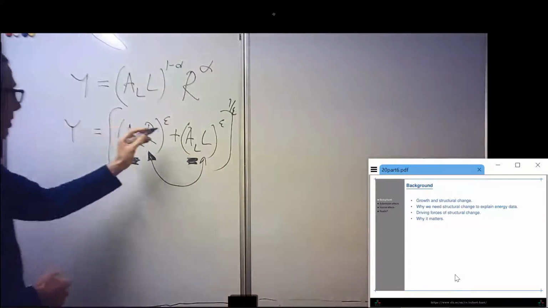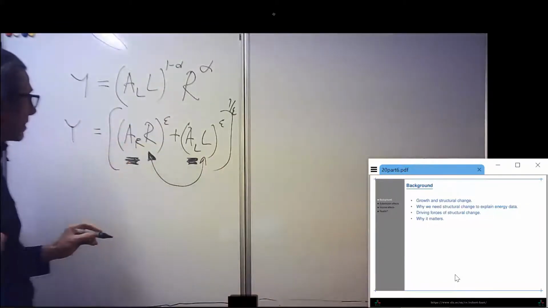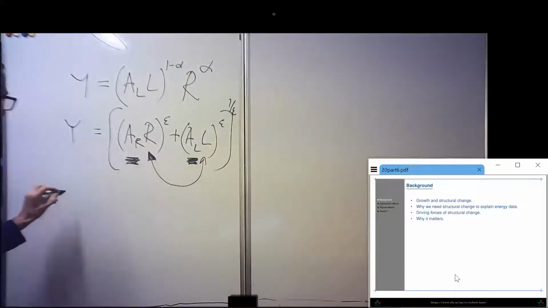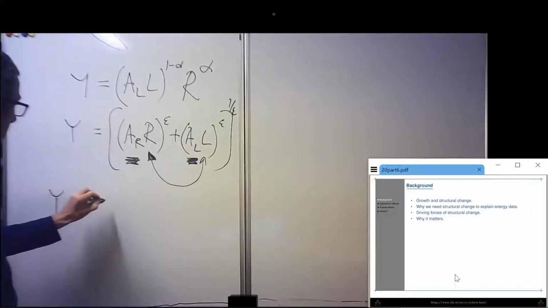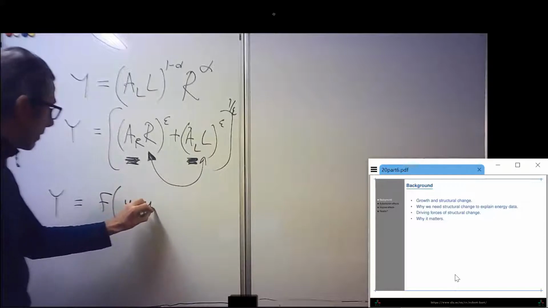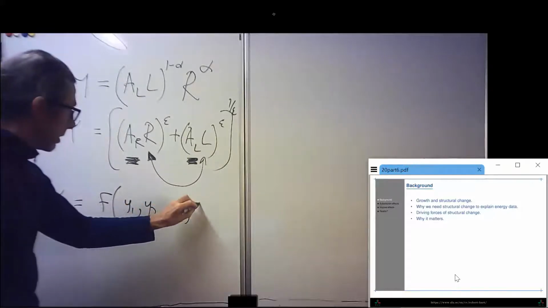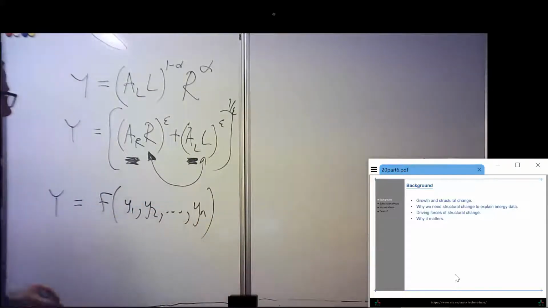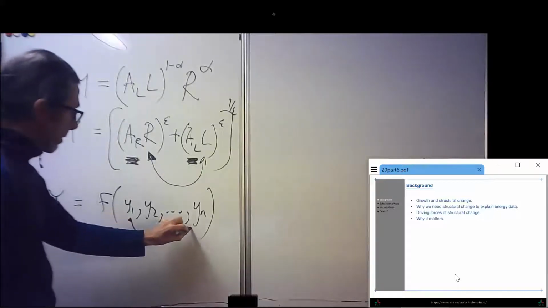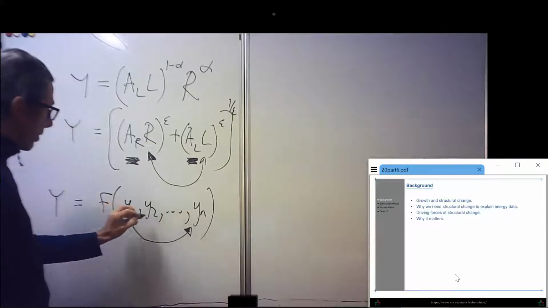Maybe it's because of one of the other of Solow's mechanisms, which is shifting between goods. Maybe Y is actually some function of a bunch of different goods. And over time, we shift from one type of good to another.